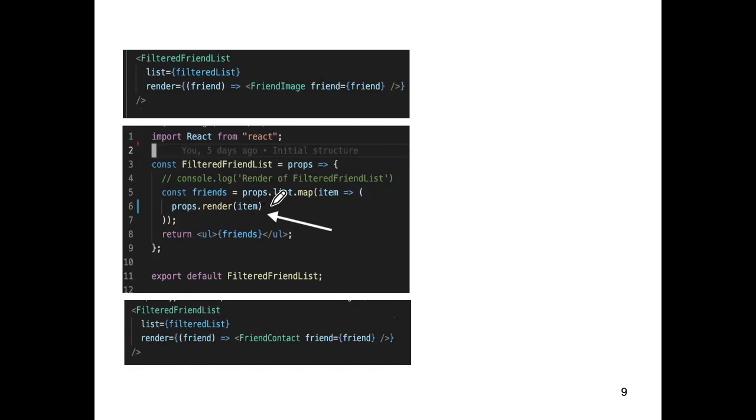That means this variable here, friends, is going to be an array of components, and what type of components it is depends on what this function invocation returns. So in the case of this use of it up here, my friends array is going to be an array of components of this type. Whereas when I'm using it down here, the friends array is going to be an array of components of this type.